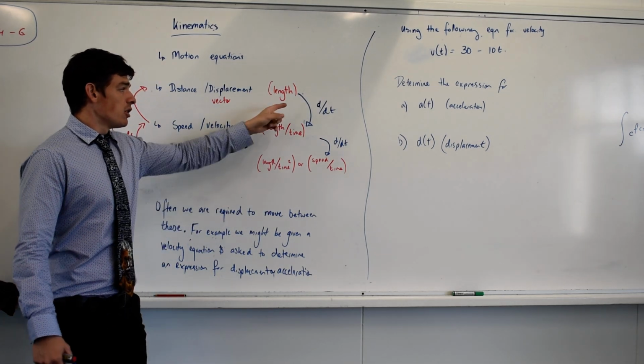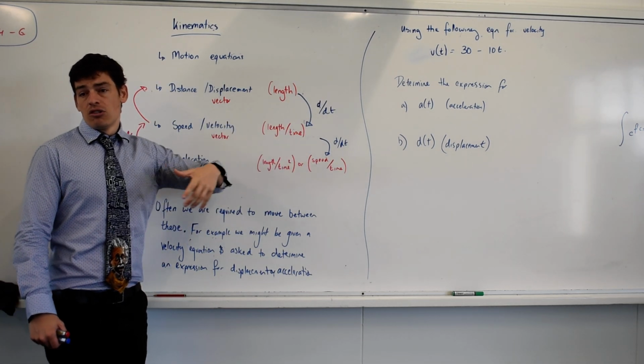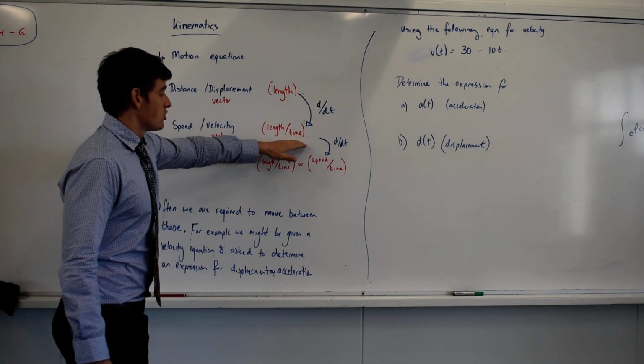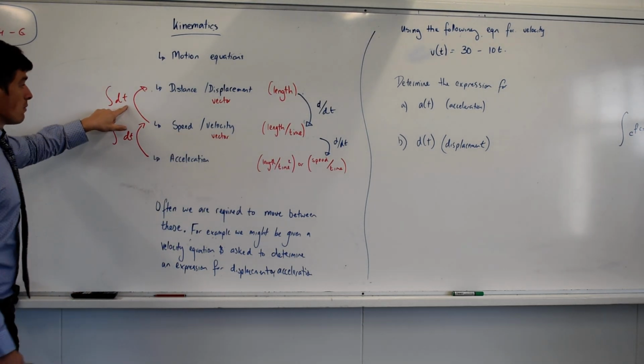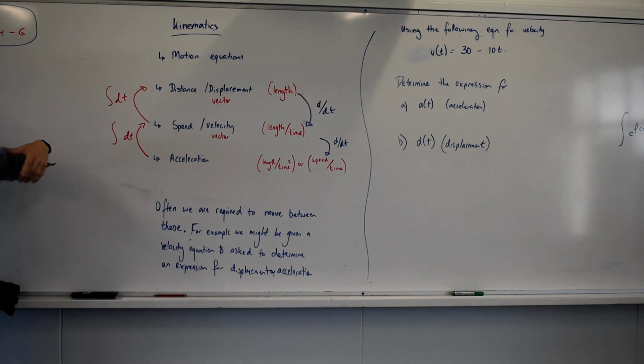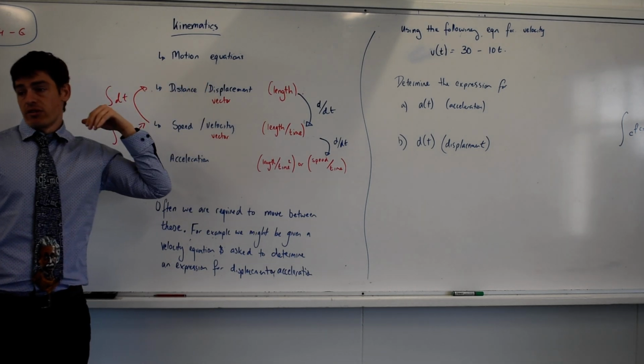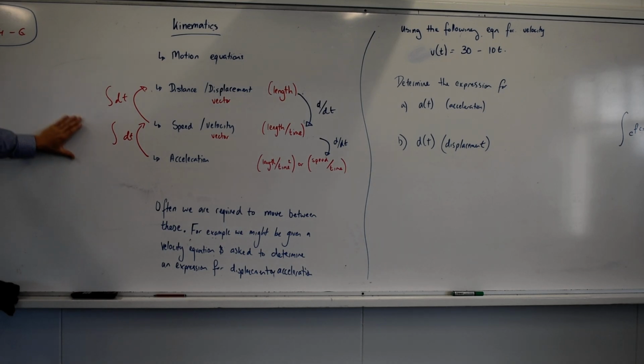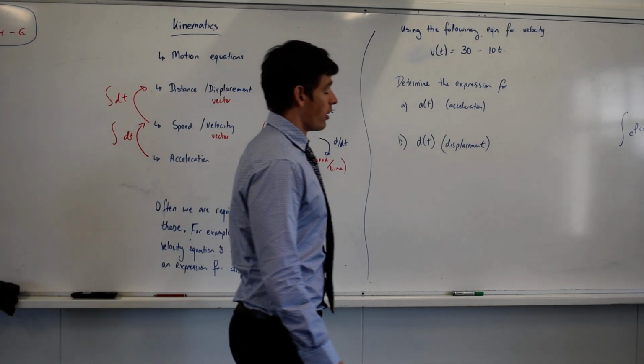So if we understand that, we know that to get between them, it's going to be a derivative. And vice versa, if we need to get the time off the bottom, think of it as a multiplication of our dt there. So to go back up, we need to integrate. Awesome? That makes sense? So try and understand it, you won't have to rote learn it.